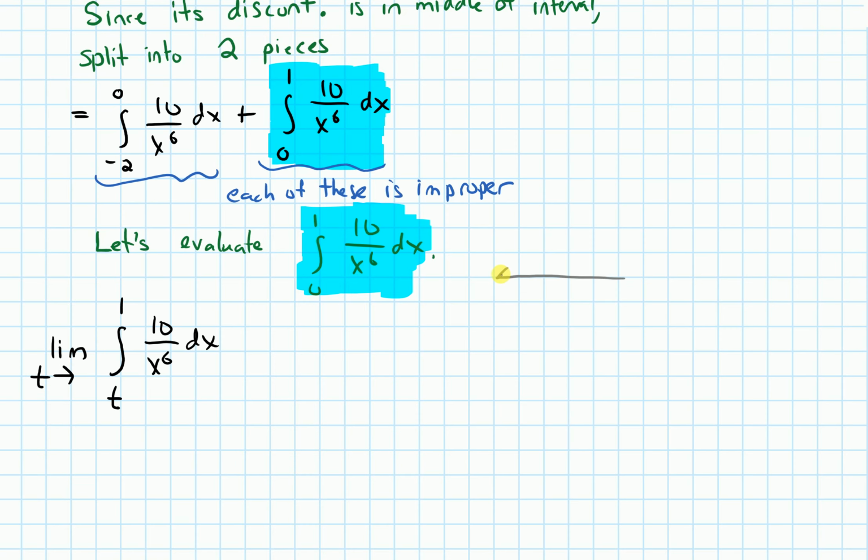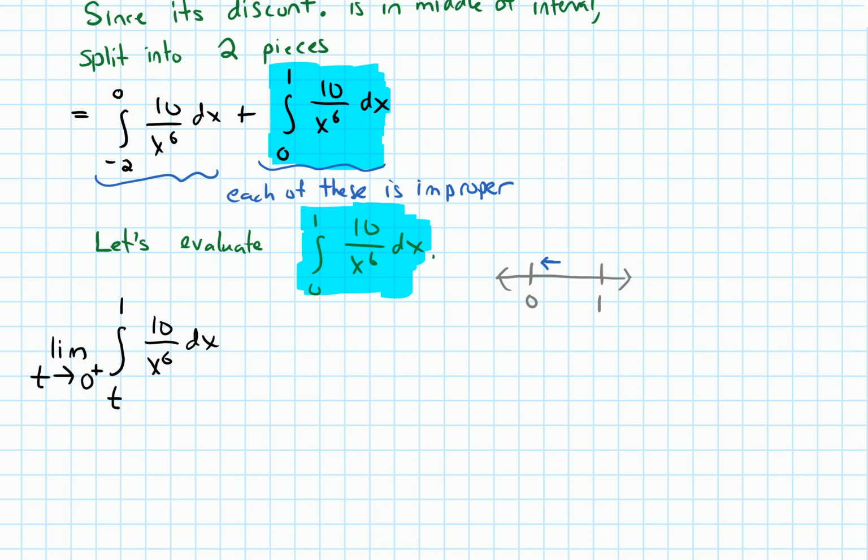Well, I can draw a number line to help me remember. My interval is from 0 to 1. And to approach 0 within this interval, we have to be approaching it from this side if we're staying in the interval. So we're approaching 0 from the right side. So I'll say t is approaching 0 with a little plus sign. That means it's approaching it from the right.